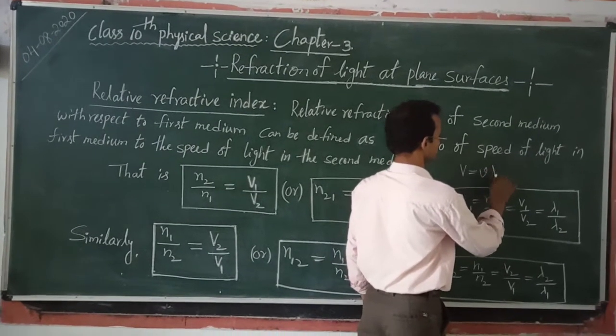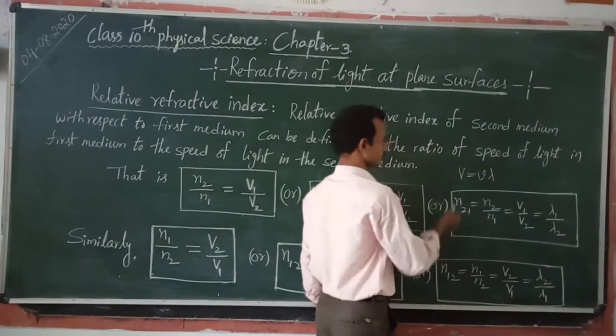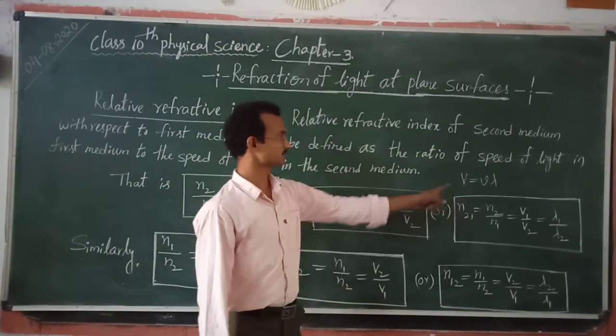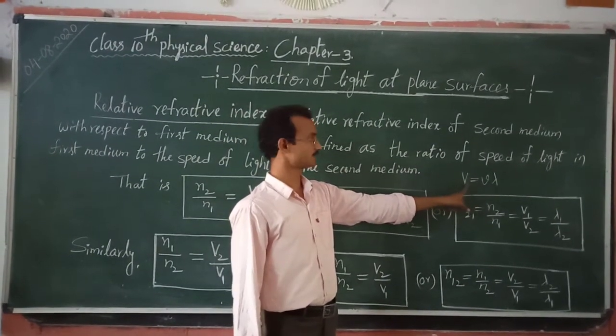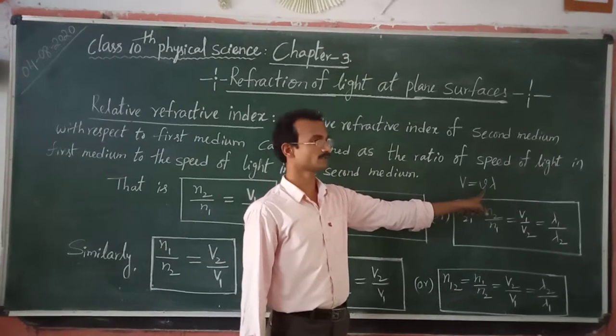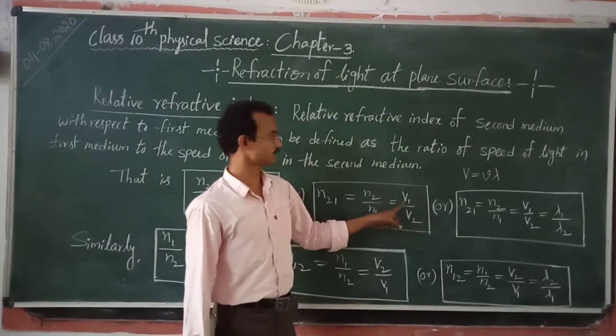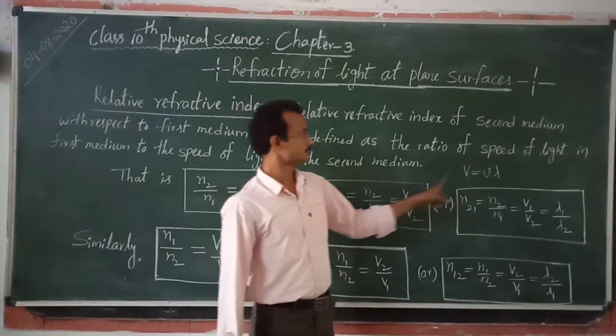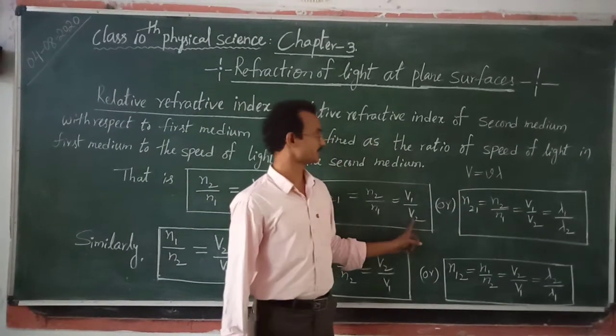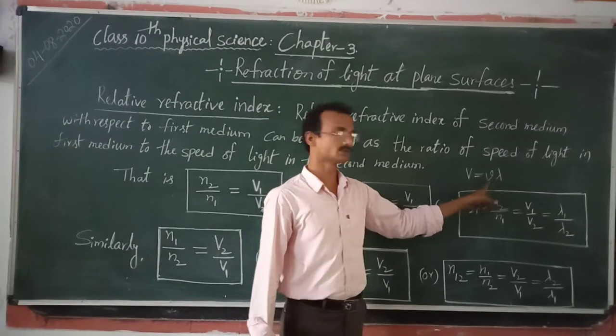frequency and wavelength. Based on this formula, speed of light can be written as the product of frequency of the light and wavelength of the light. Based on this equation, v1 can be written as nu lambda 1, v2 can be written as nu lambda 2, where nu is the frequency.